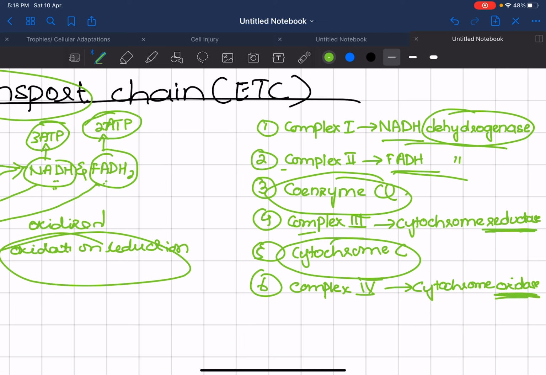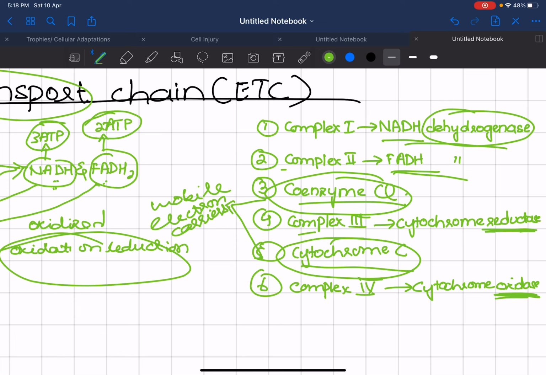In between them is the coenzyme Q and the cytochrome C, whose roles I'm going to be discussing in a little bit. But remember this, they are basically mobile electron carriers. What are they? Mobile electron carriers, because they're going to be carrying and transporting the electrons.